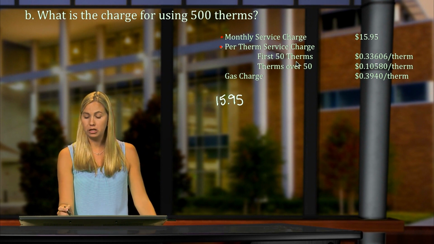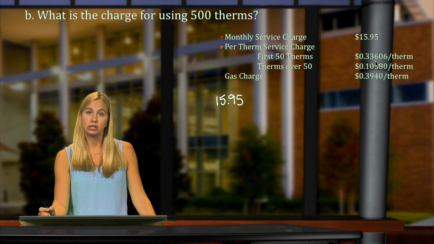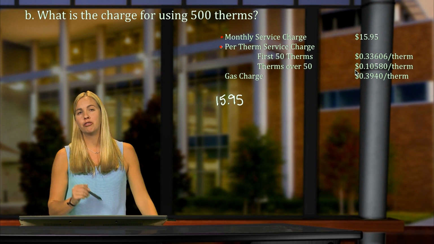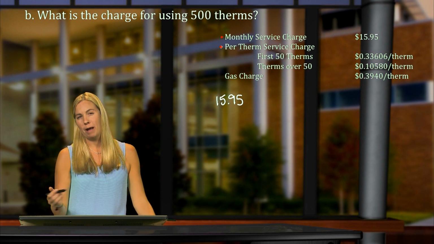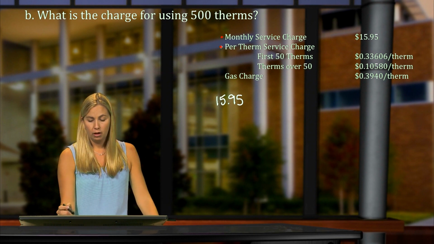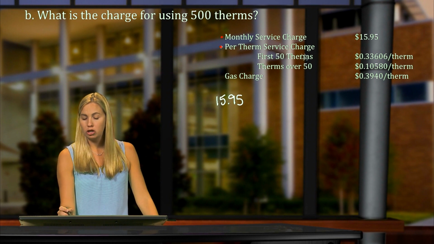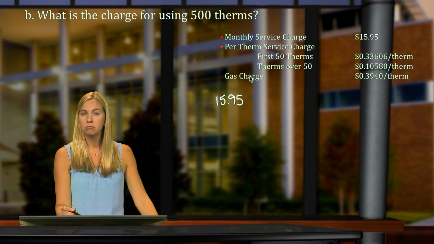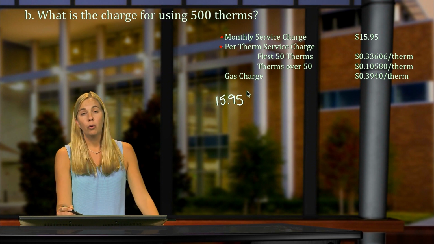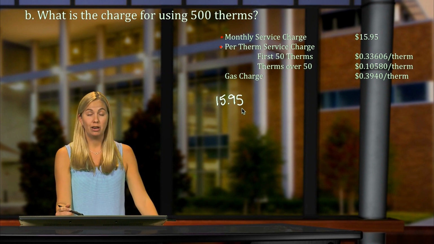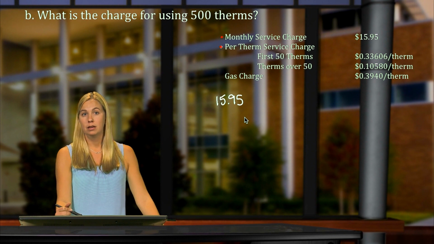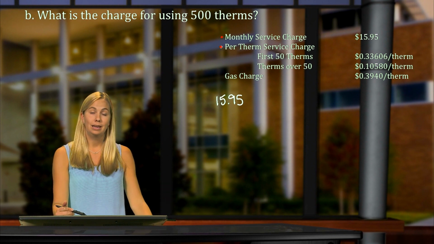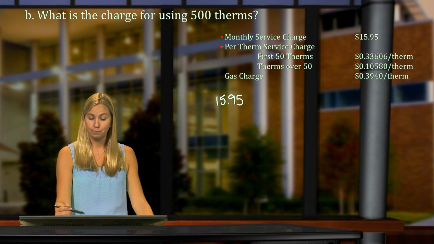The first 50 therms are 34 cents per therm, about, and then the therms over 50 are about 11 cents per therm. Are we going to get charged this 34 cents for the first 50 therms no matter what? What do you think? Well, I can tell you that People's Energy is out to make some money. So if they can charge you the more expensive rate at the beginning, they're going to.